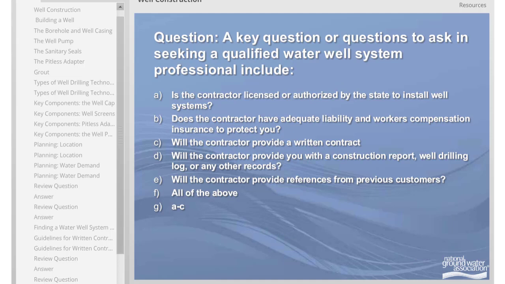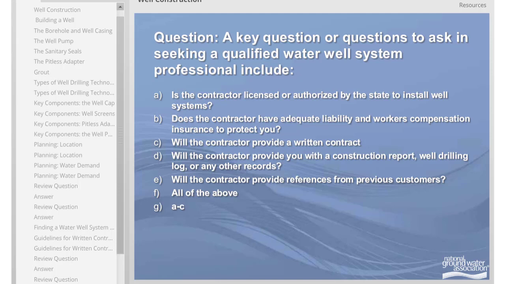Here's a final review question. A key question or questions to ask in seeking a qualified water well system professional include: A. Is the contractor licensed or authorized by the state to install well systems? B. Does the contractor have adequate liability and workers' compensation insurance to protect you?